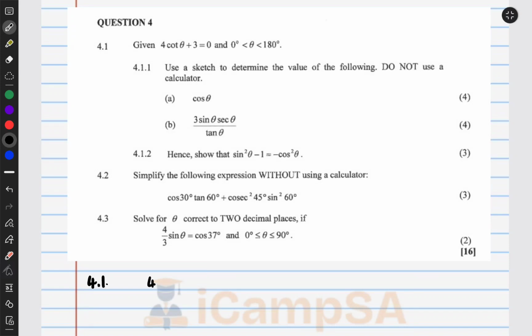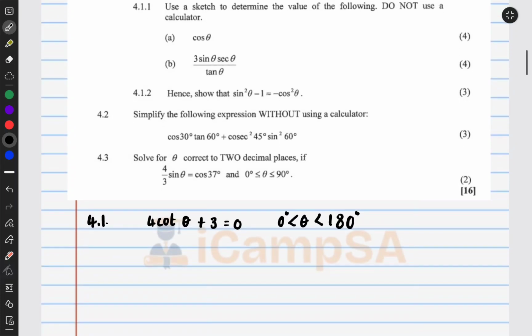For 4.1 we are given 4 cot theta plus 3 is equal to 0, and then that theta is between 0 degrees and 180 degrees. First thing first, let's try to rearrange 4 cot theta to something that we are used to and something that we can actually work with.